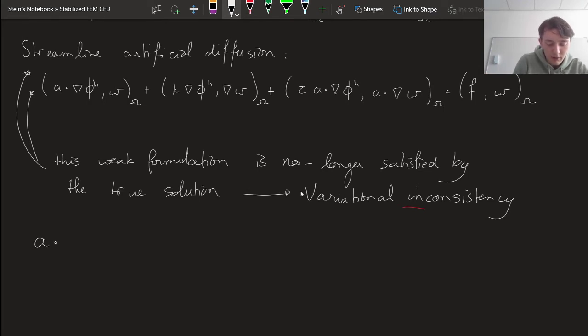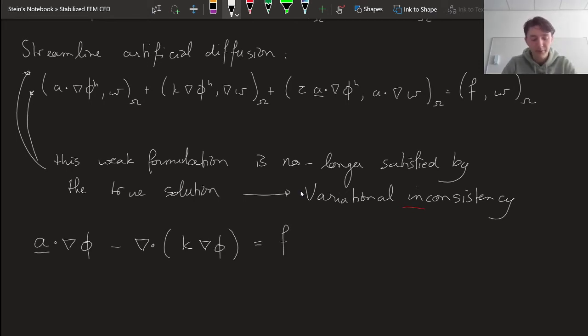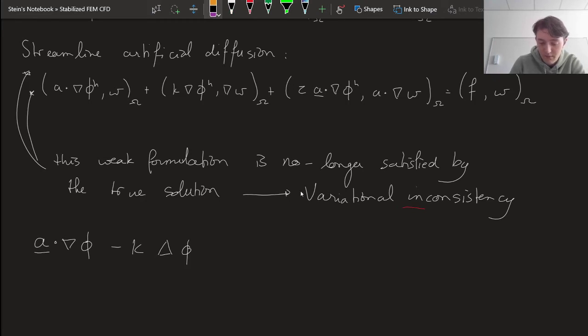The partial differential equation was a dot the gradient of phi minus the divergence of kappa times the gradient of phi is equal to f. And if kappa is constant, then this can be rewritten as slightly simpler, kappa times the Laplace operator acting on phi. And what we see is that this additional term involves a section that also shows up in our partial differential equation.